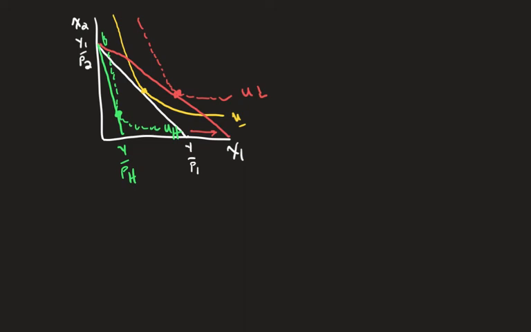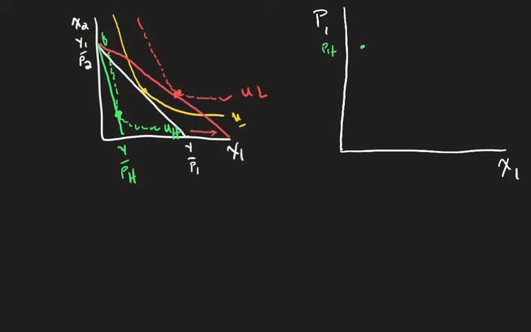And I can use that to draw a nice demand curve for an individual. We typically like to draw demand curves with price on the y-axis and quantity on the x-axis. And so here we can see we've got a very high price, we'll call that pH, where they don't consume very much.